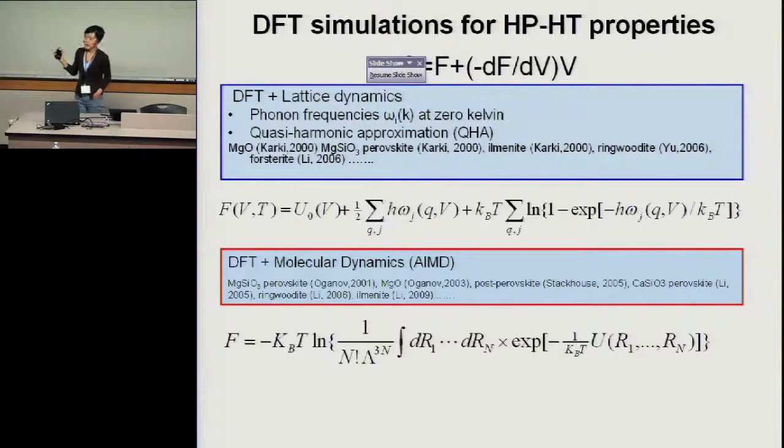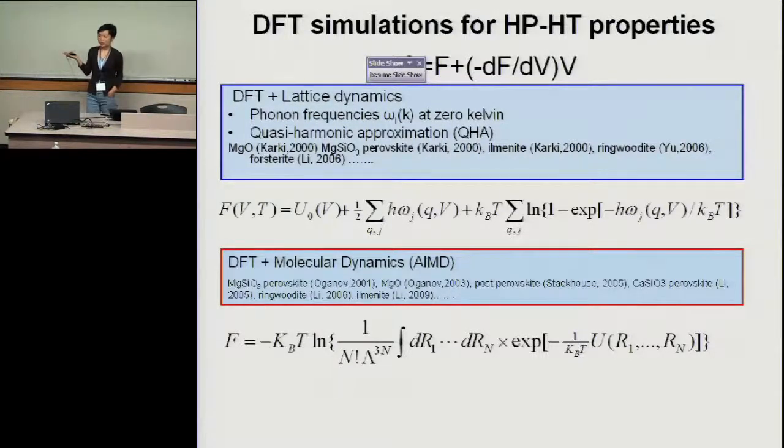The AMD calculation also has problems. With LDA or GGA, because they under- or overestimate the pressure, when you derive the equation of state you have to use the experimental data to correct the pressure so that it matches the experimental data. It also requires a long calculation for the material to reach equilibrium at high pressure and high temperature.